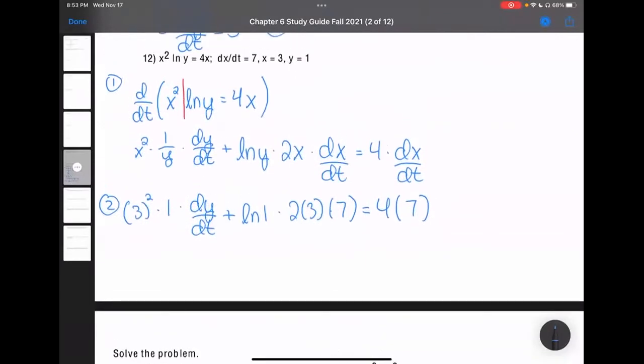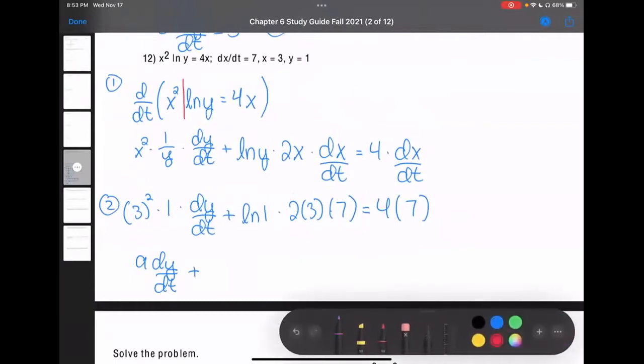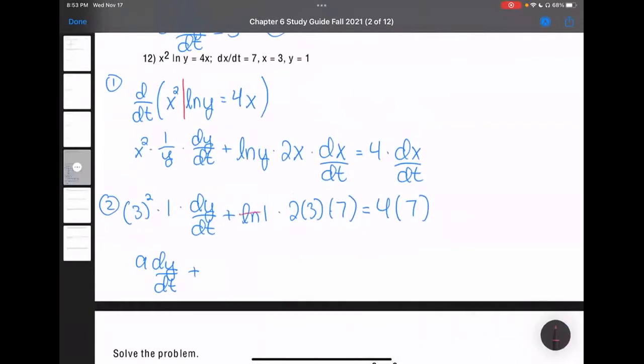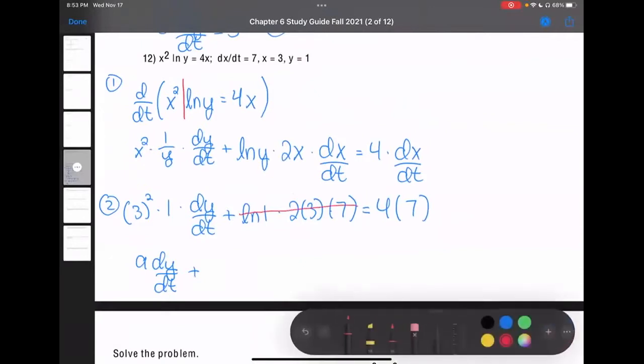We've got 9 dy dt plus, and we know the natural log of 1 is 0, which means this entire piece cancels out because it's all multiplied together. So we don't even need to add anything.